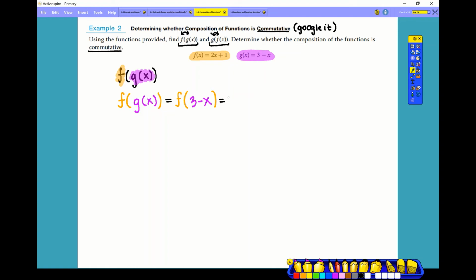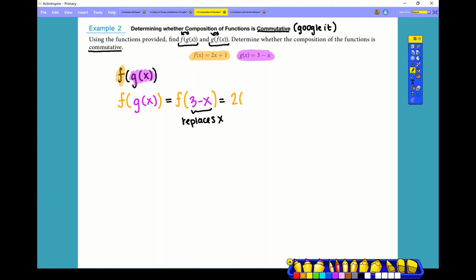So now I'm going to keep evaluating it. I know that f is 2x plus 1, so everything in here replaces x. And this can get a little confusing when you have long strings of things that have to replace x. So that means we're going to have 2, and then there's supposed to be an x, so I do multiplication by parentheses. If I'm multiplying something, I'll put it in parentheses.